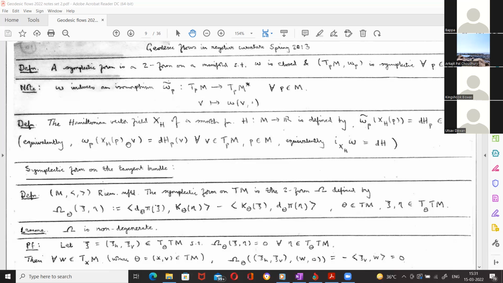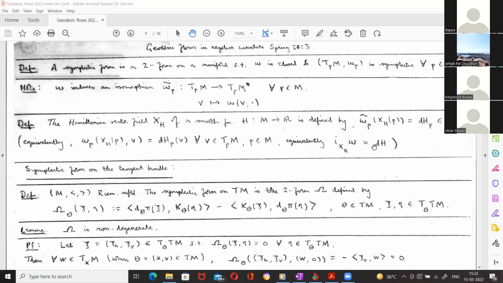And this is the same as saying that the interior contraction of omega with the Hamiltonian vector field X_H, i_{X_H} of omega, is equal to dH. It means you put X_H in the first position. So instead of a 2-form, you get a 1-form.